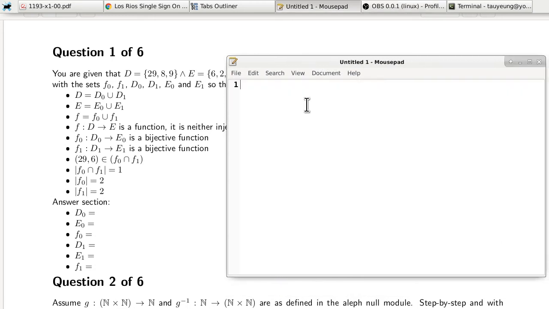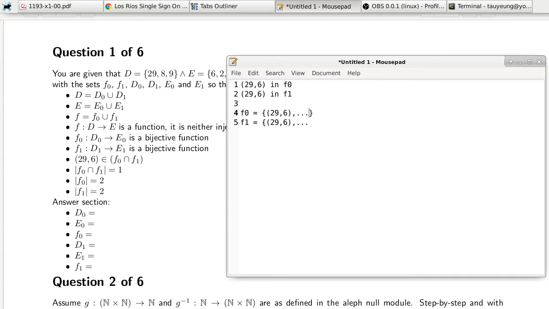There we go. What we know at this point is (29, 6) is in F0, and (29, 6) is also in F1. So if I look at F0 as a set, it has to contain (29, 6), and F1 also has to have (29, 6).